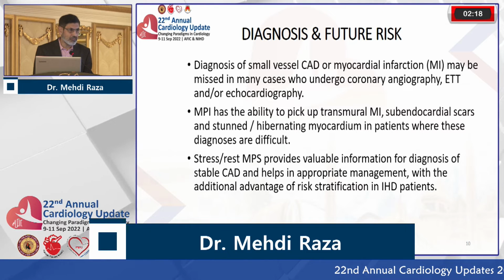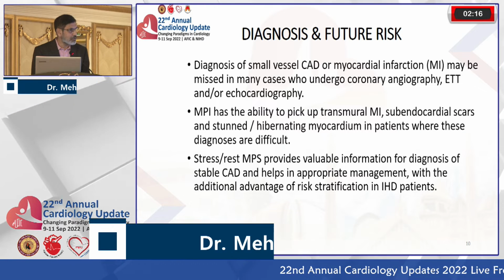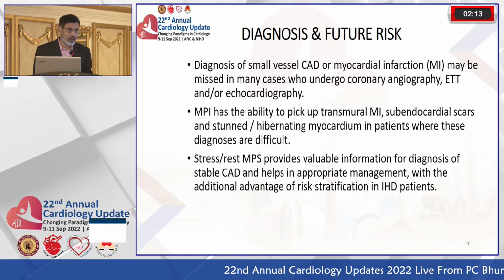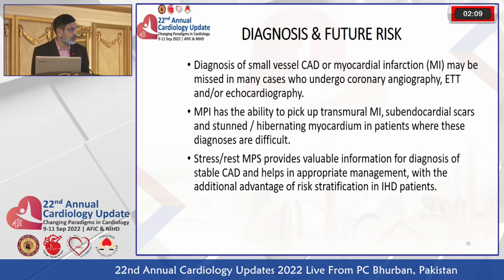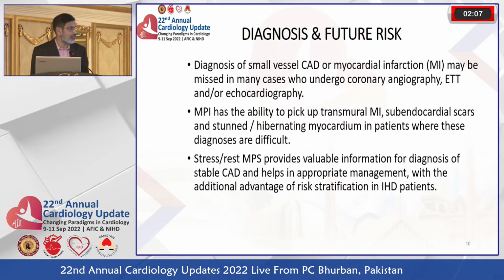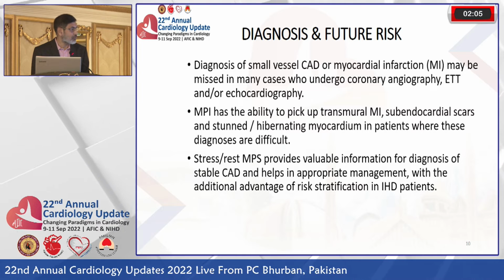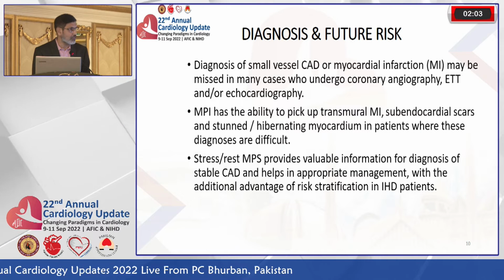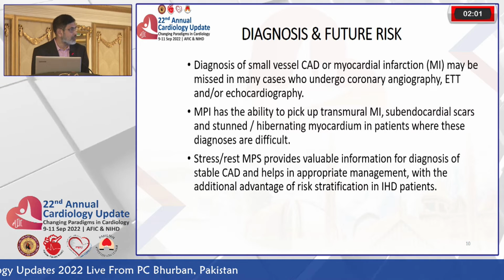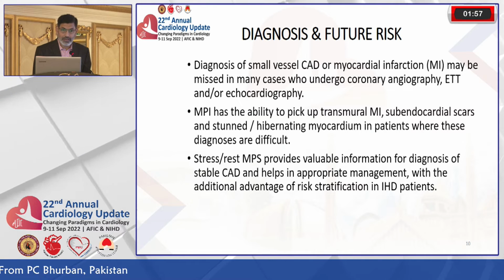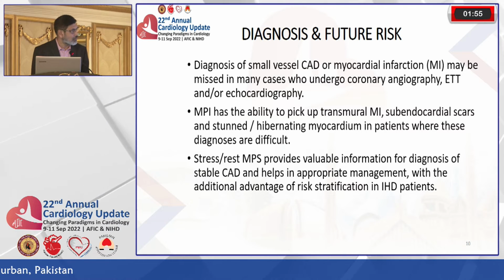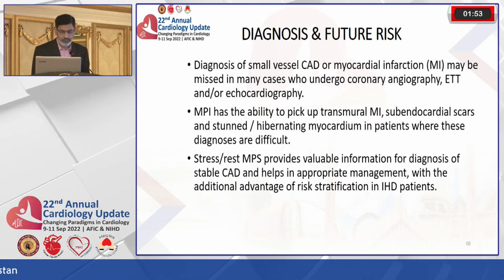Like we discussed a short while back, if the patient has had PCI, for example, and is coming back with chest pain, it's not necessary to expose the patient to the contrast again or to the radiation again of the magnitude of a CT angiogram or an angiogram. We can instead go for a myocardial perfusion imaging scan, and we can come up with the actual status of perfusion of the myocardium.